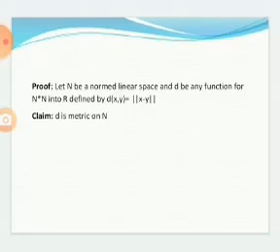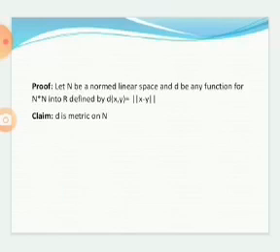Before going to prove this theorem, first we have to know the definition of a metric space. The definition is: a non-empty set X with a map d from X cross X to R is called a metric space if the map d has the following properties.